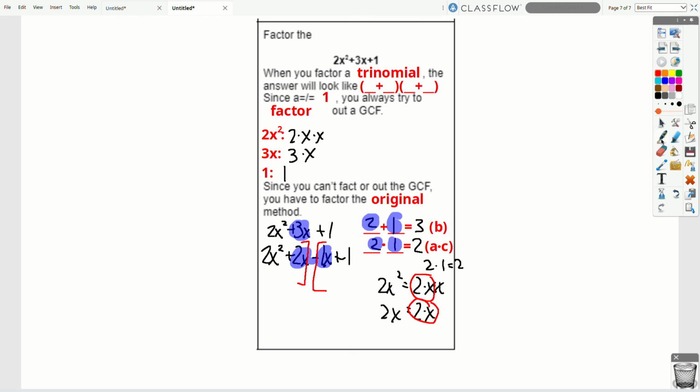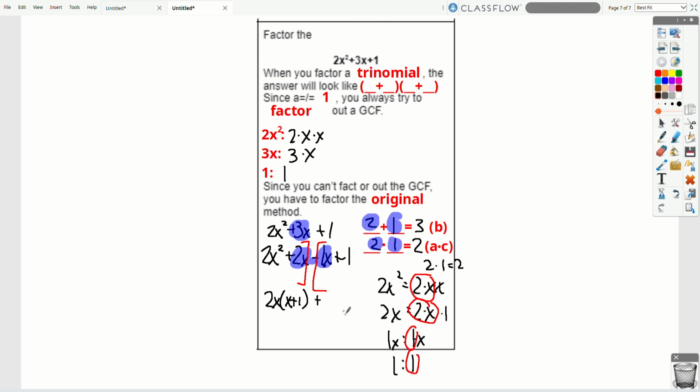And so we take that 2x, we put that out front, we get 2x times x plus 1. We can put times 1 here, plus, and then we factor out 1 from x plus 1. So we factor out a 1.